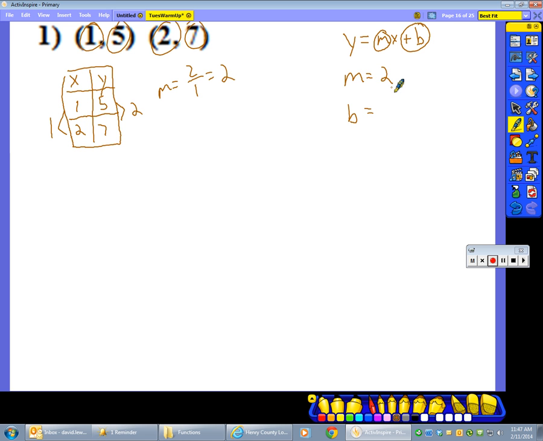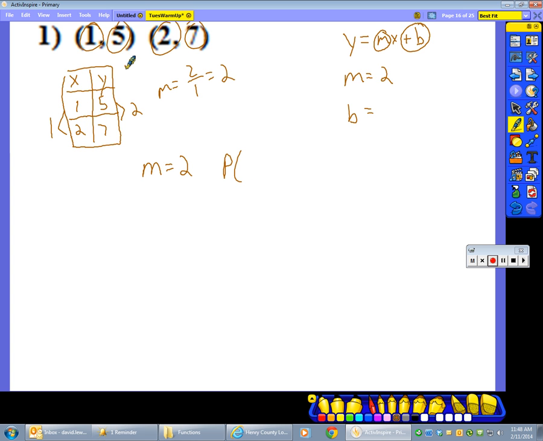Now, in order to find my y-intercept, I'm going to do almost exactly what I did in part 1 of this practice assignment. And you can see I've got videos on all 12 problems. I know that my slope is 2, and I get to pick either one of these points. It doesn't matter. You're going to get the same answer no matter what.